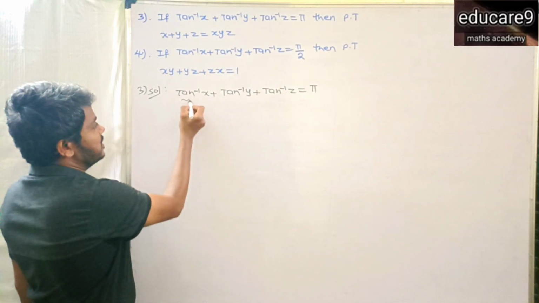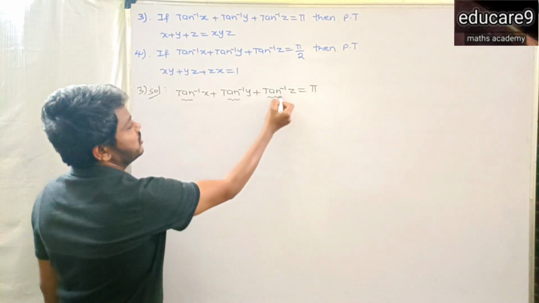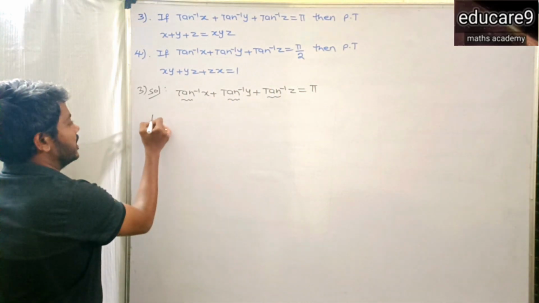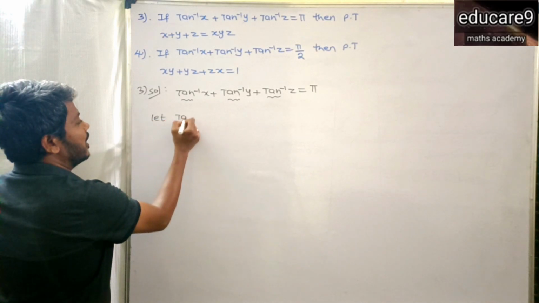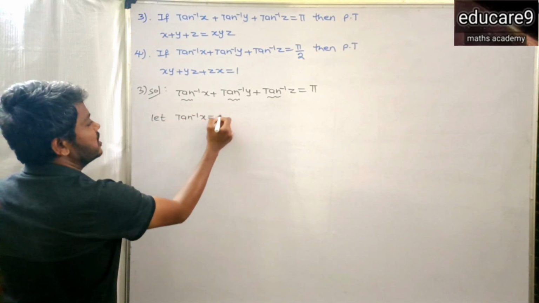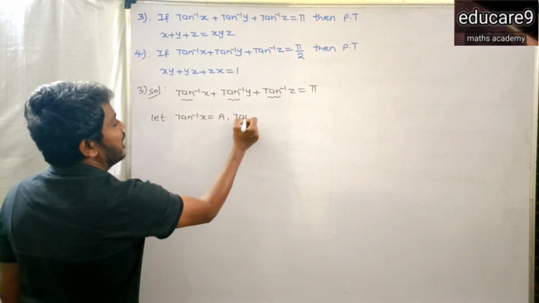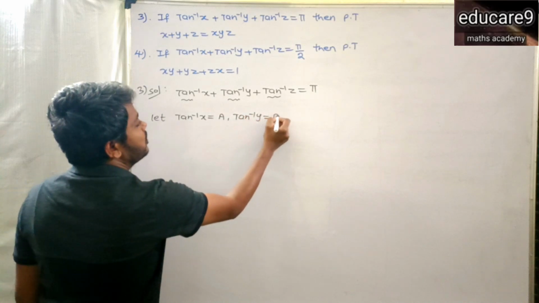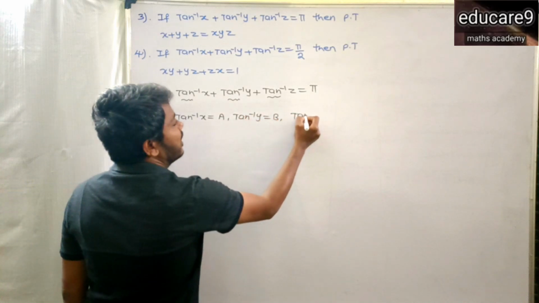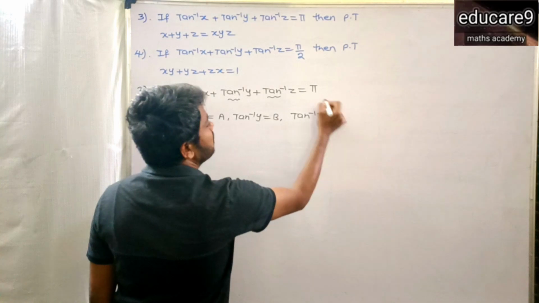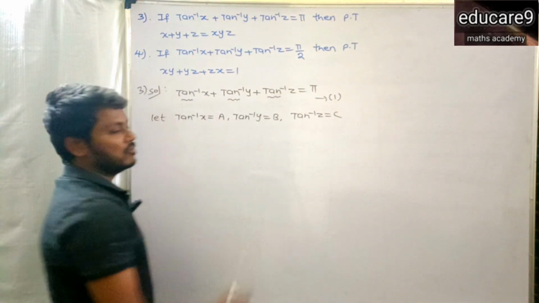Let us consider this is A, this is B and this is C. So write, let tan⁻¹x equal A, tan⁻¹y equal B, and tan⁻¹z equal C, which is equation 1.